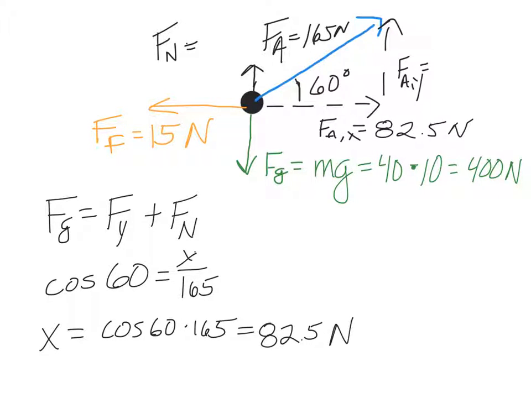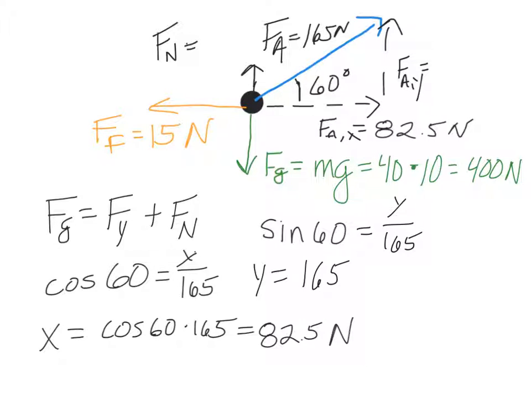Now I can calculate my Y component as well. In this case, that would be sine of 60, because this is my opposite side. I'm using the hypotenuse again, so sine of 60 is equal to the Y over 165. To solve for Y, I multiply both sides by 165.